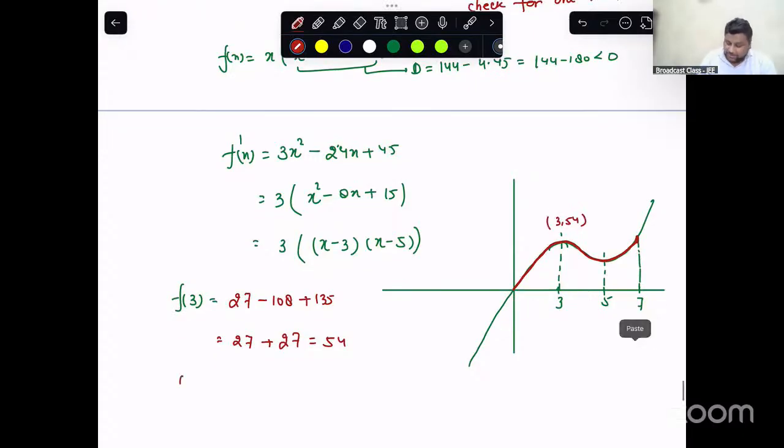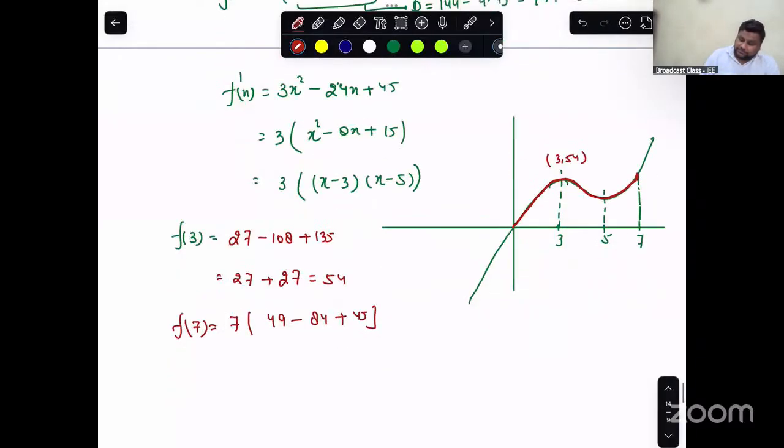Now let me calculate f of 7. f of 7 is going to be 7 times (49 minus 84 plus 45). So it is 7 times 10. So this value is going to be 70. So the value at 7 is going to be 70.